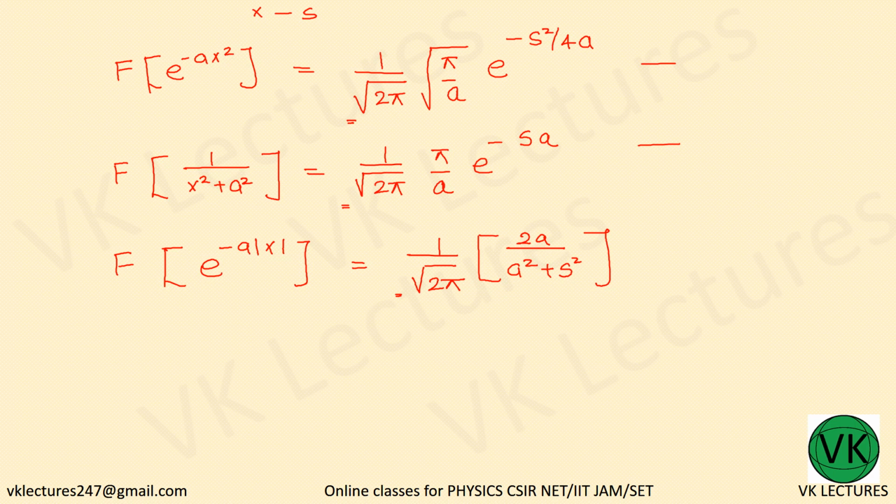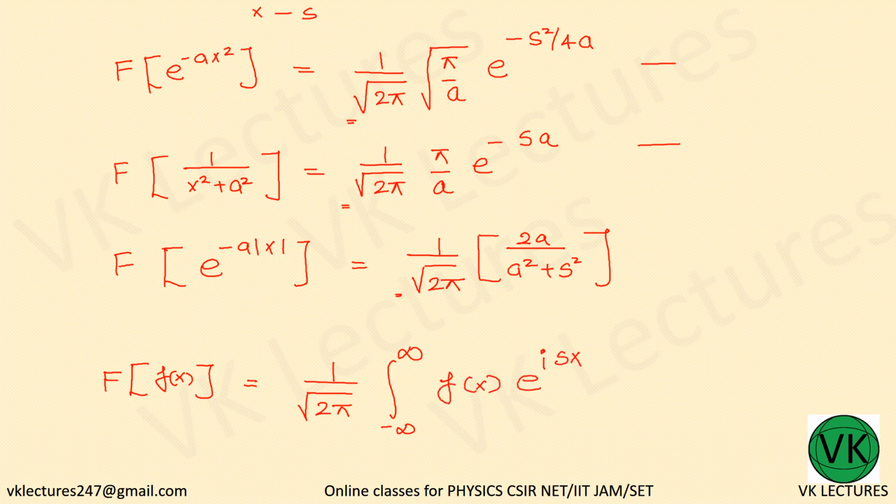For example, as we are writing the Fourier transform of some function f of x, it is equal to 1 divided by root of 2 pi integral from minus infinity to plus infinity f of x e to the power isx dx. So this is equal to F of s. So yes, definitely this 1 by root of 2 pi is a constant, which you find in almost all cases.